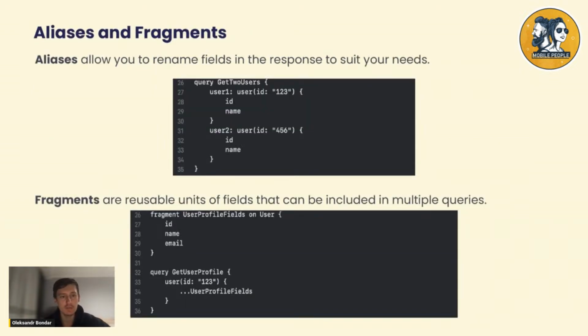We can also improve this query a bit. For example, if we need two different users of the same type and we need to differentiate them, we can create our own names, called aliases, and then we can solve this problem.